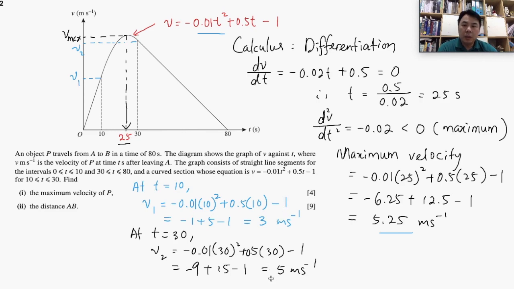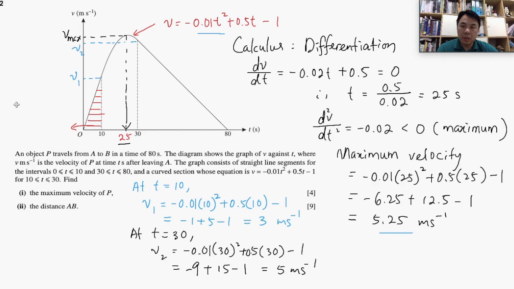Right? Now once we are done with this value, we can first of all find out the area under the graph for this section, because this area represents the distance traveled within 10 seconds. So let us find out the distance traveled in the first section here.